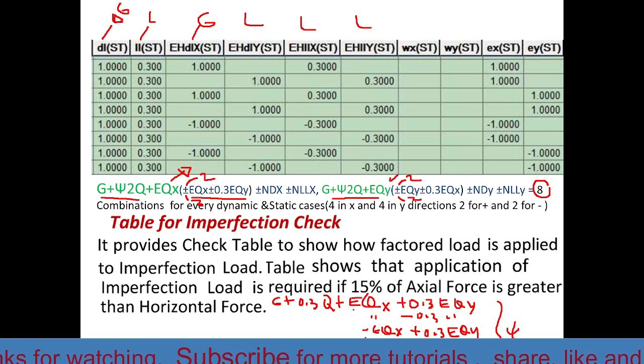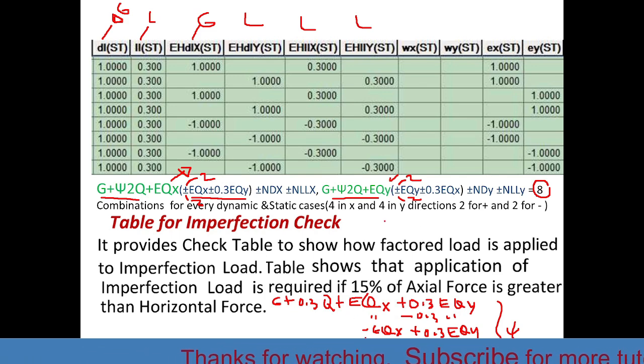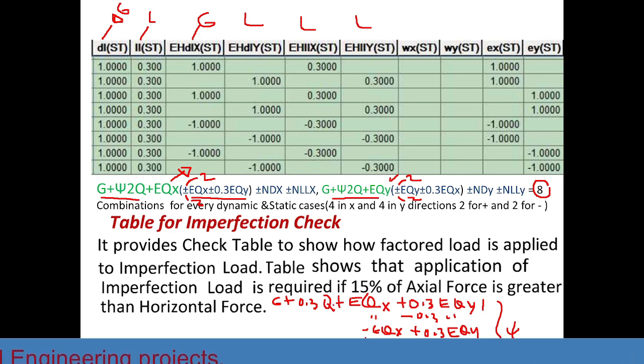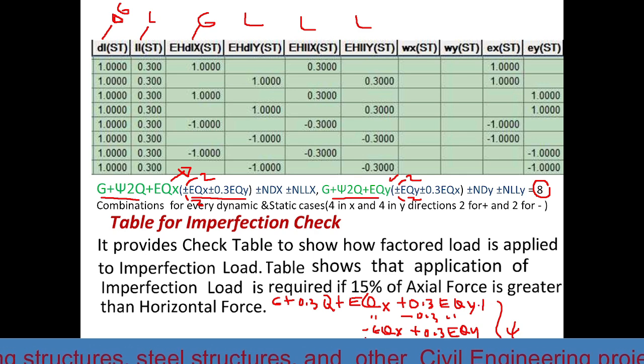So for every combination we need to define the notional load. Here we are applying the notional load in x direction. So the direction of the notional load must be consistent with the direction of the seismic load.